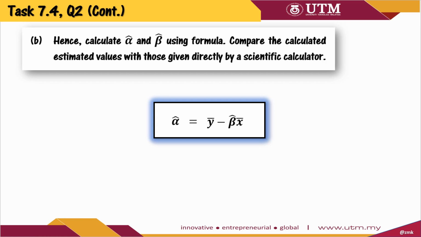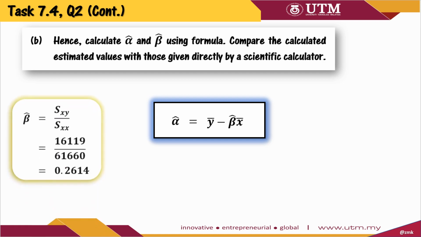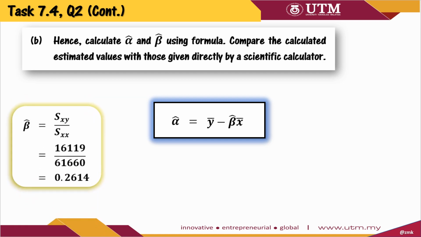So you need to find the estimate for beta first, which is given by sxy divided by sxx. Since you already knew sxy and sxx values in part A, you can simply substitute the two values in the formula and get the beta hat value, which is around 0.2614, and this value is correct to 4 decimal places.